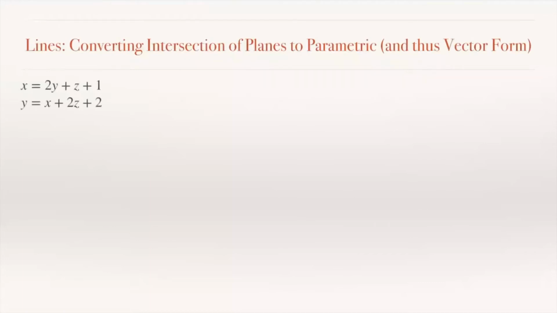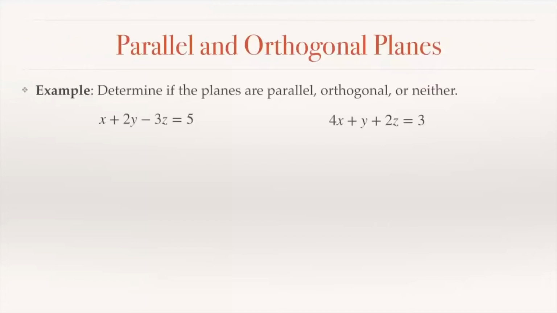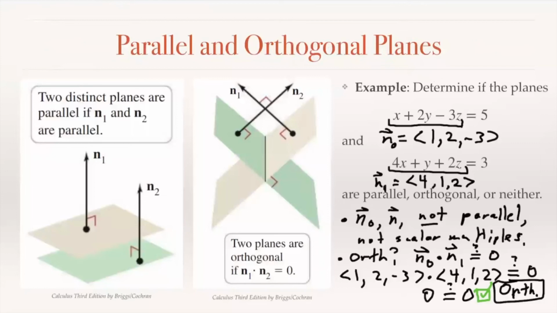Now, sometimes we're given two planes and we want to find their line of intersection. The line of intersection in this case, for example, being this. So how do we find the line of intersection of two planes? Well, first we want to express lines in 3D space in parametric form.